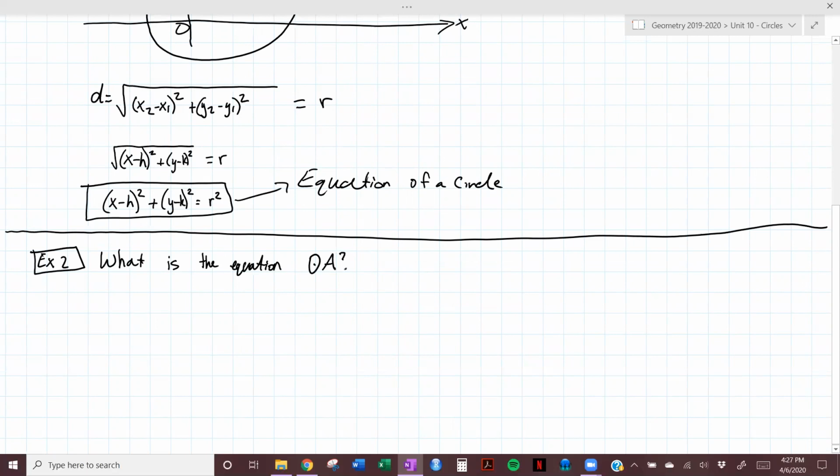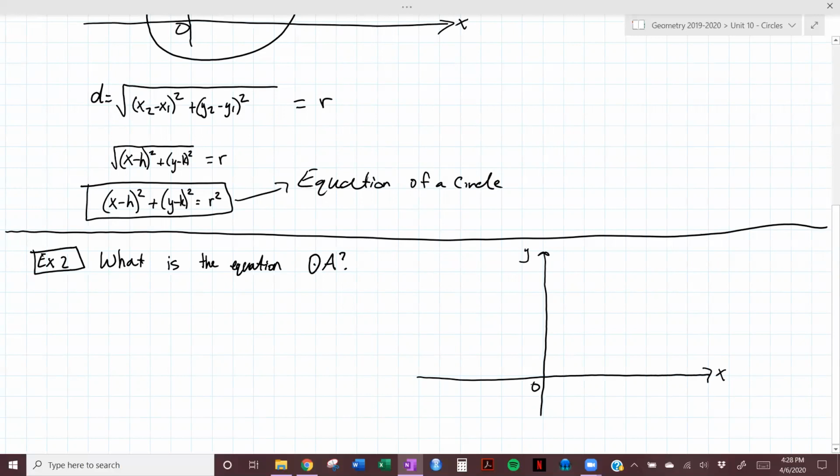On my xy coordinate plane, here is our origin.